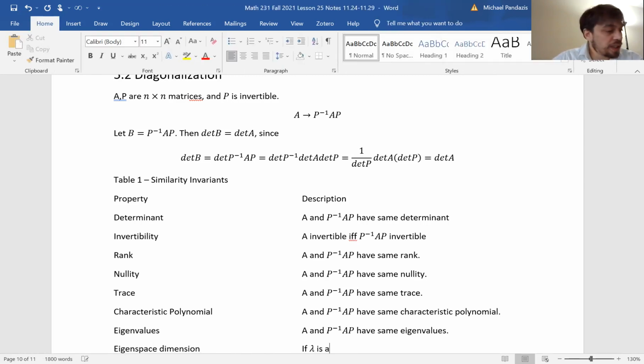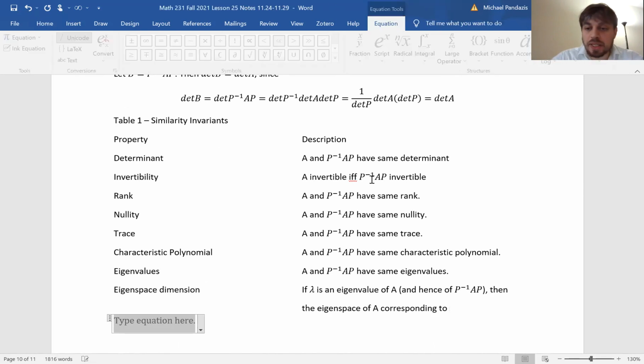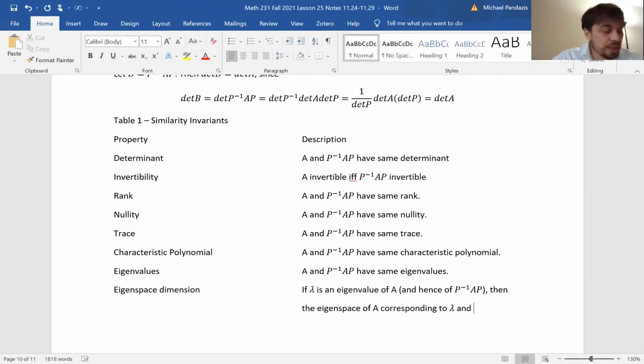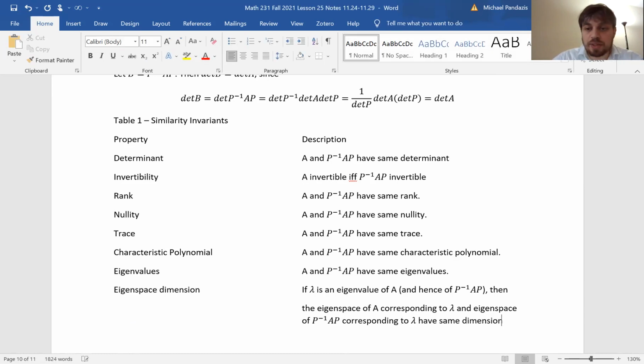If lambda is an eigenvalue of A, and hence of P inverse AP, then the eigenspace of A corresponding to lambda and the eigenspace of P inverse AP corresponding to lambda have the same dimension.